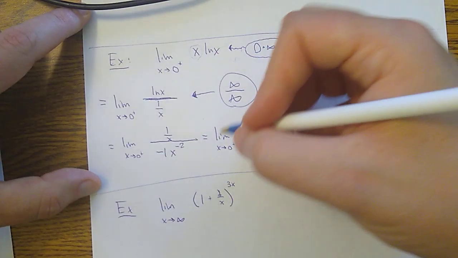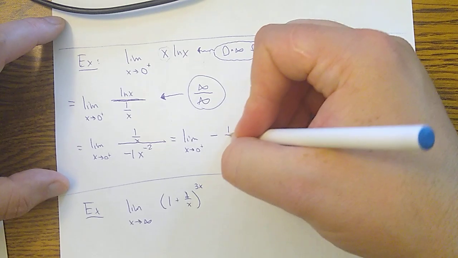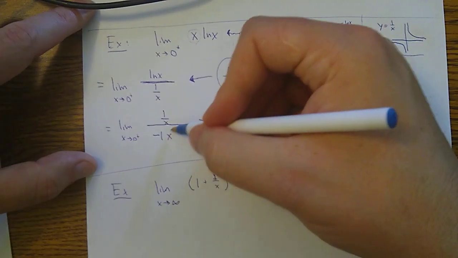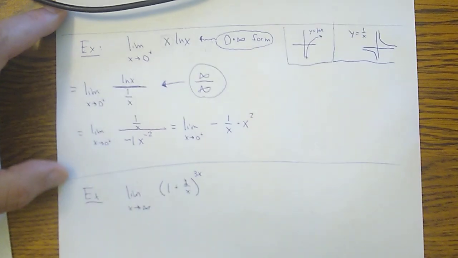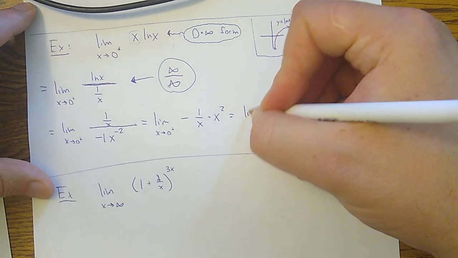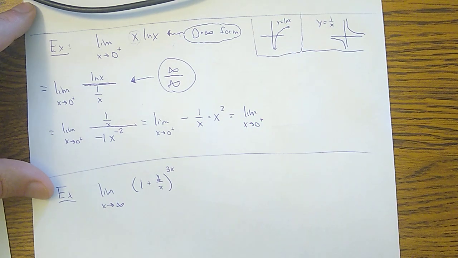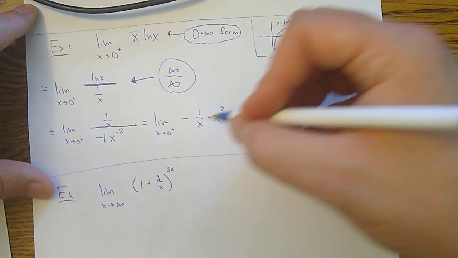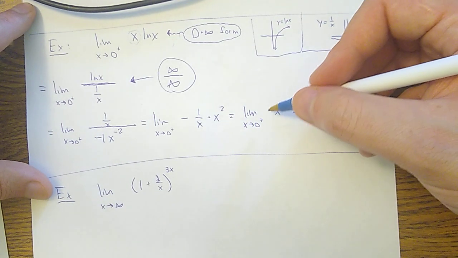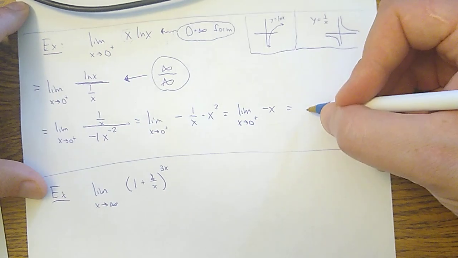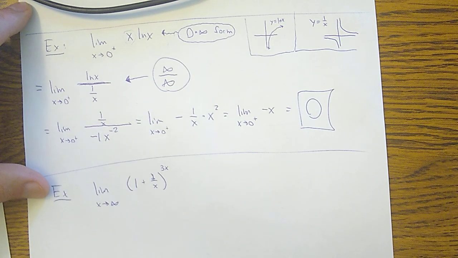This negative 1 is just going to give me a negative sign in front of everything. This is 1 over x times, I have a negative power in the bottom, so I can turn that into multiplying by x squared. And then I would cancel an x. And now after cleaning it up, I realize I can just plug in x equals 0. So we're good.